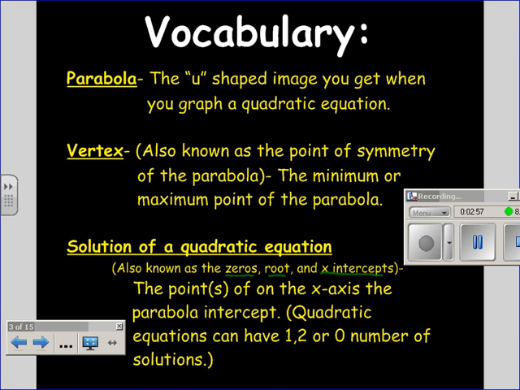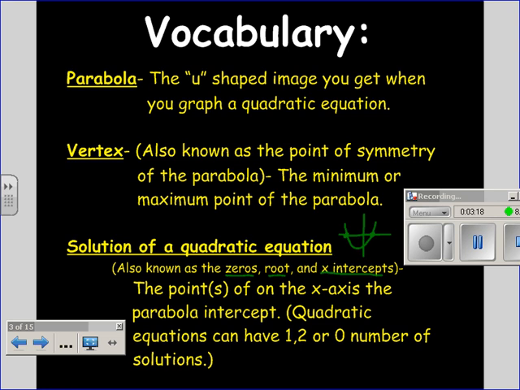Basically, though, a solution of a quadratic equation is the x-intercepts. This is where the parabola crosses the x-axis. So if I have a graph with a parabola, my solutions will be my points of intersection on the x-axis.